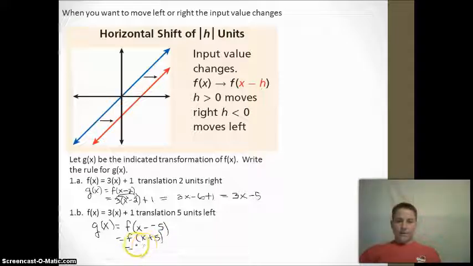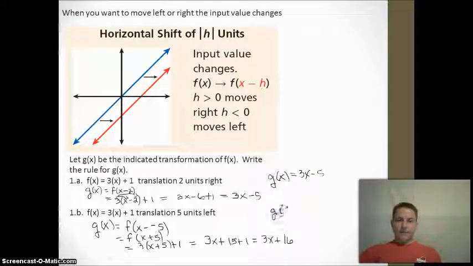So then we're going to do 3 times x plus 5, and don't forget about the 1 on the end. So we would take 3x plus 15 plus 1, and that would equal 3x plus 16. So up here I should have written our new function g of x equals 3x minus 5, and down here our new function g of x equals 3x plus 16.